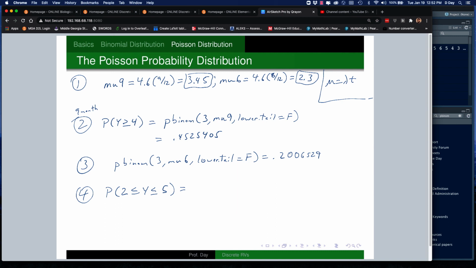There is more than one way to do this particular problem as well. But if you think about the numbers that we have, we're going to have 0, 1, 2, 3, 4, 5. If you think about the number line of discrete random variables, this can keep going up for a long period of time because there's no stopping point with Poisson. But we want to add up the numbers between 2 and 5.